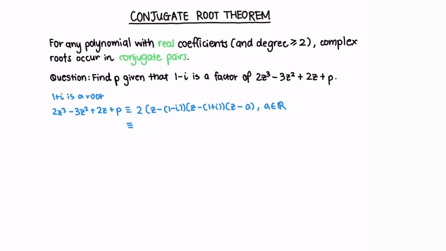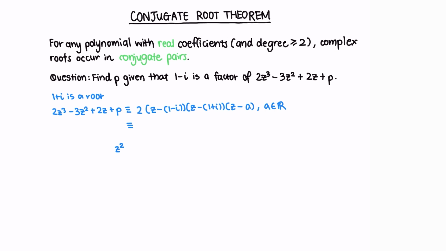So to find p, let's do our simplification on the right hand side. Alright, this looks like a bit of a monster in terms of simplification. So what I'm going to do is a little trick. If you're not familiar with the sum and product of roots, you can just skip this part and do rainbow expansion. But rainbow expansion will probably take 1 or 2 minutes longer, especially with all the simplification afterwards.